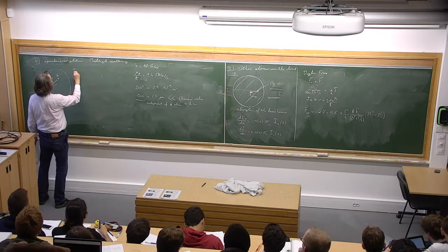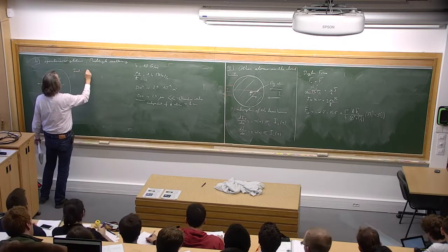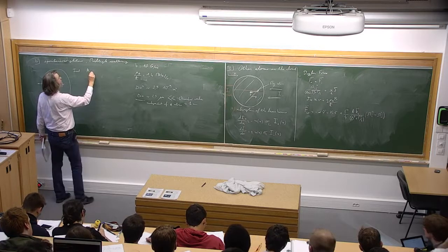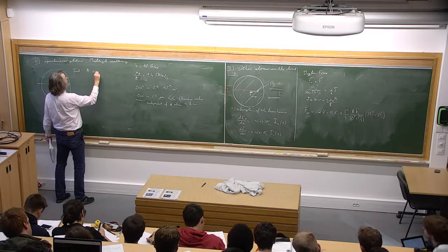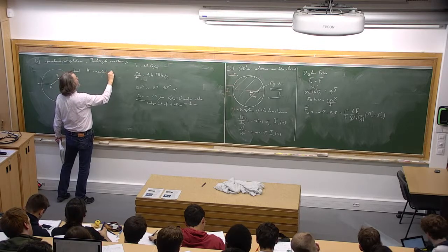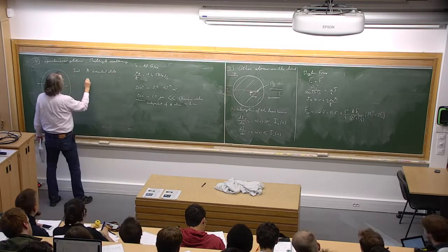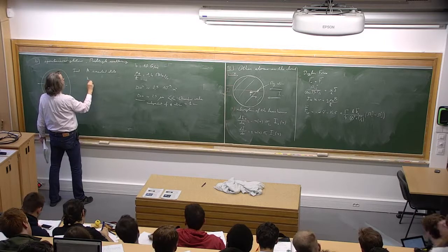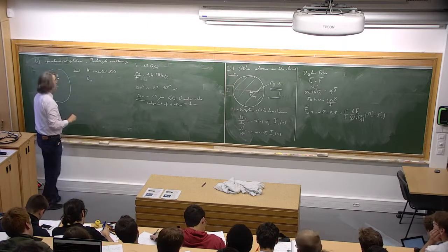So initially, we have A in the excited state, and it emits a photon with k spontaneous, this one.